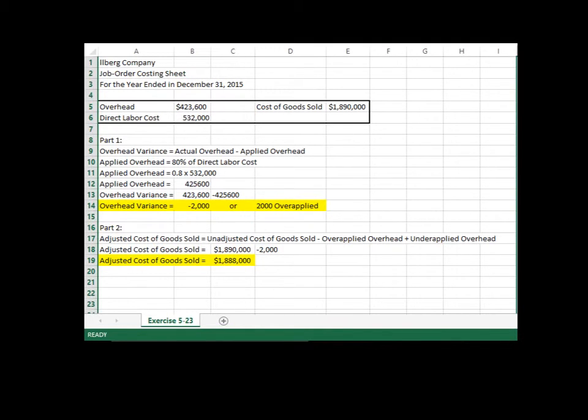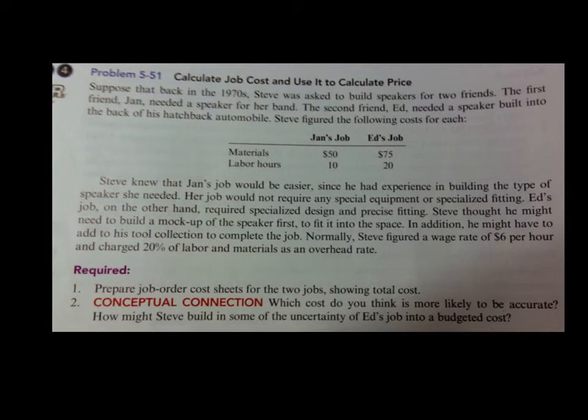So the over applied overhead is a total of this, or 2,000, which brings the answer right here. The answer is a total of $1,888,000.